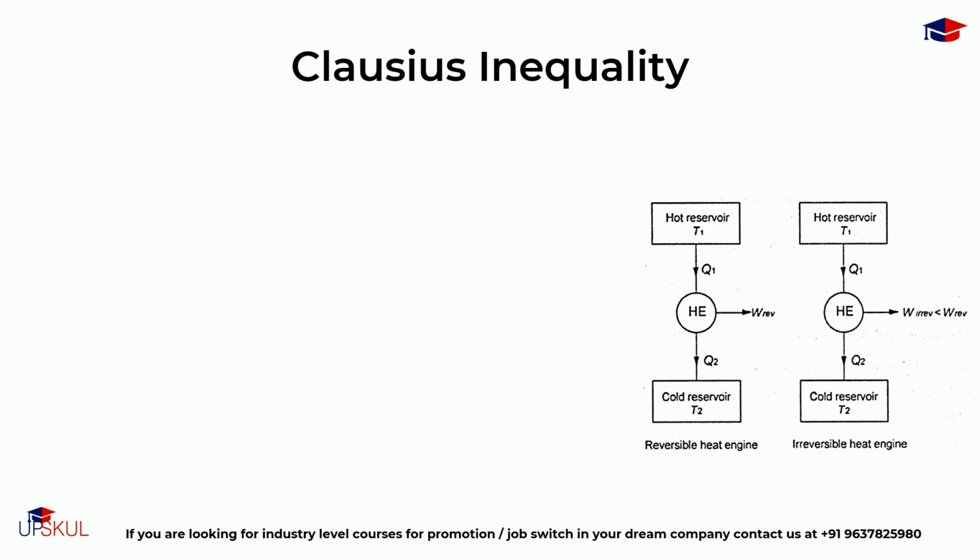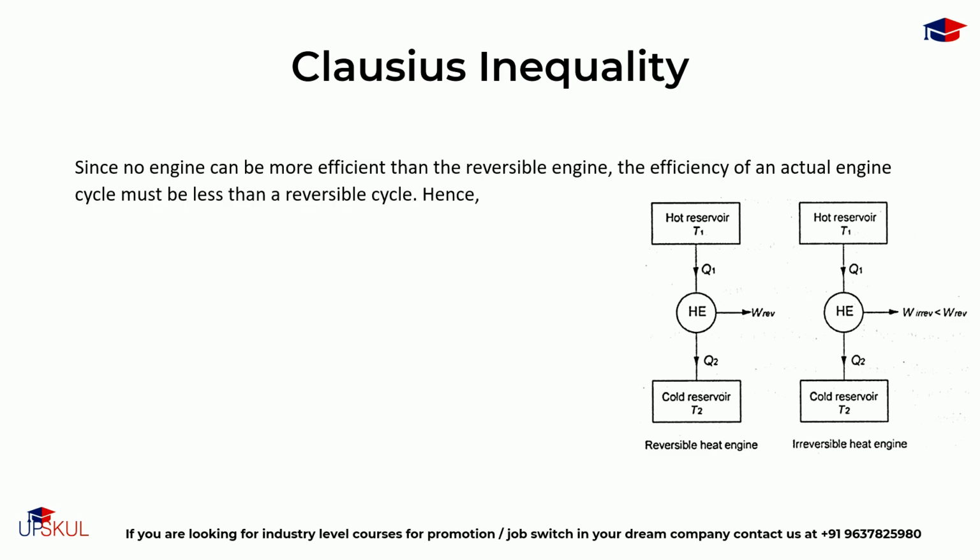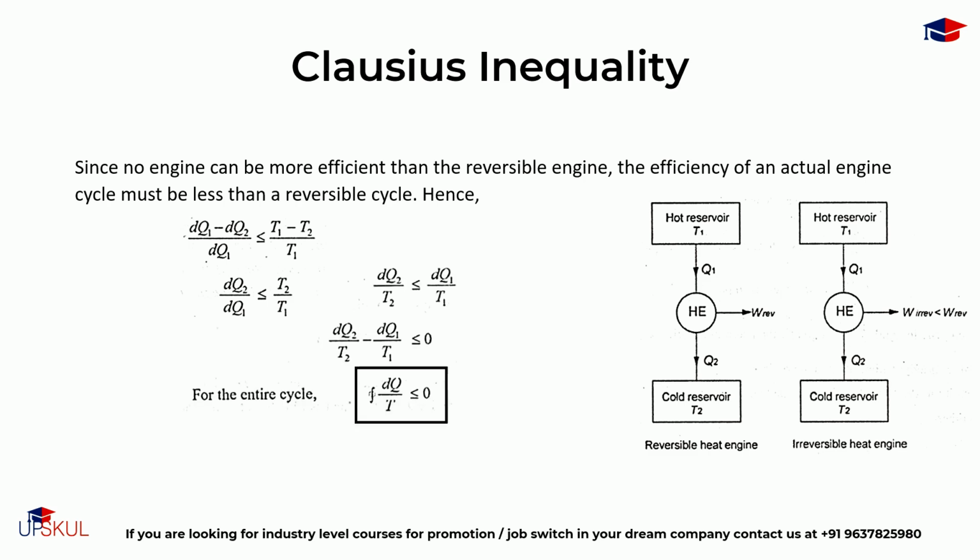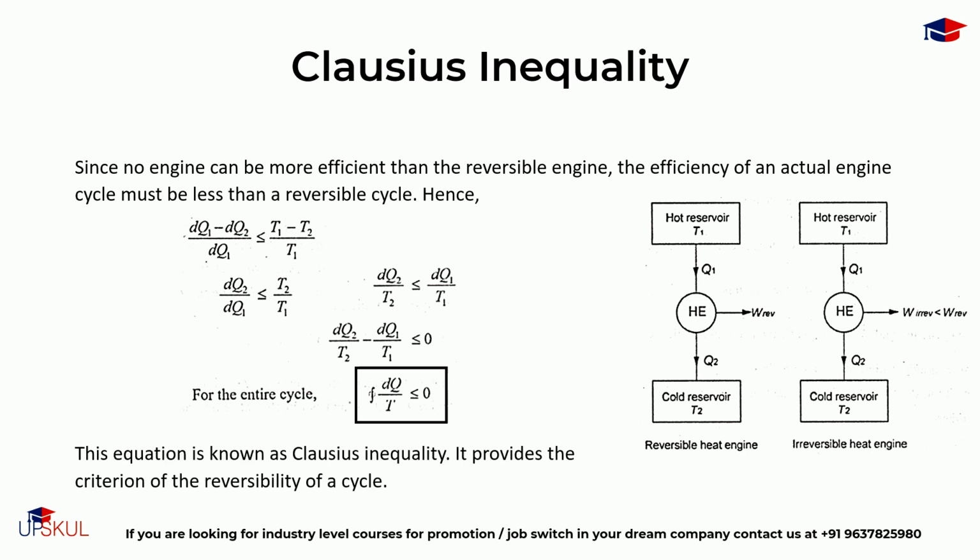Hence, we can derive that for the entire cycle, the closed integral of dq by T is less than or equal to 0. This equation is known as the Clausius inequality, and it provides the criterion for the reversibility of a cycle.